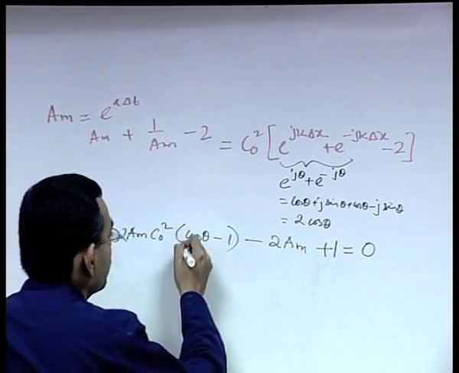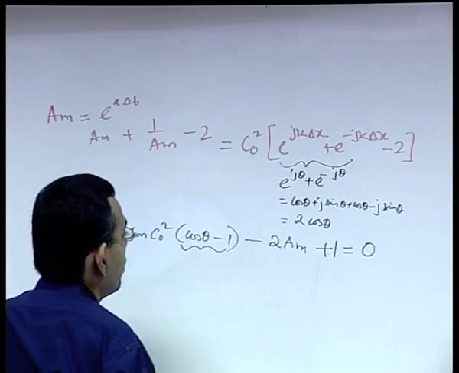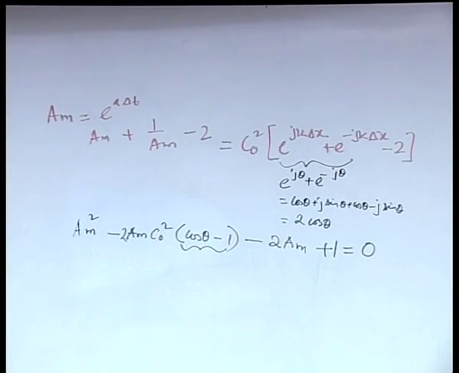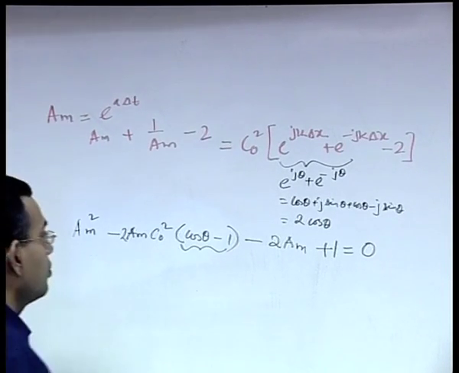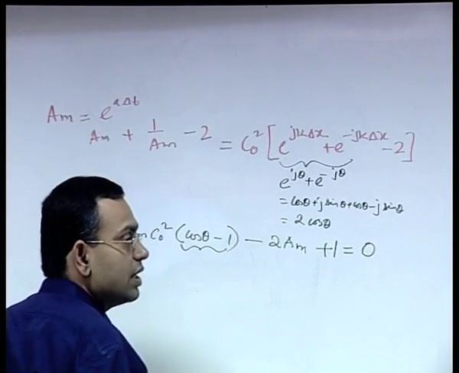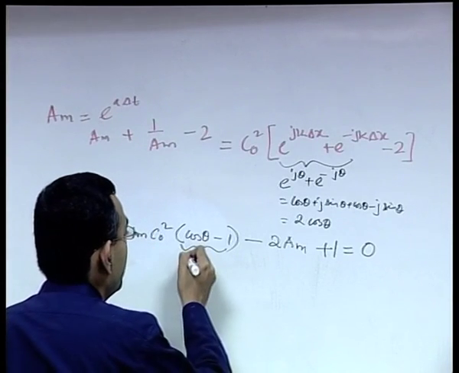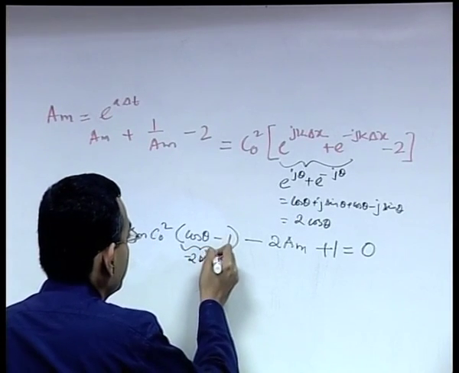You can use cos theta minus 1, minus cos theta is 2 sin square theta by 2. So, minus 2 sin square theta by 2.